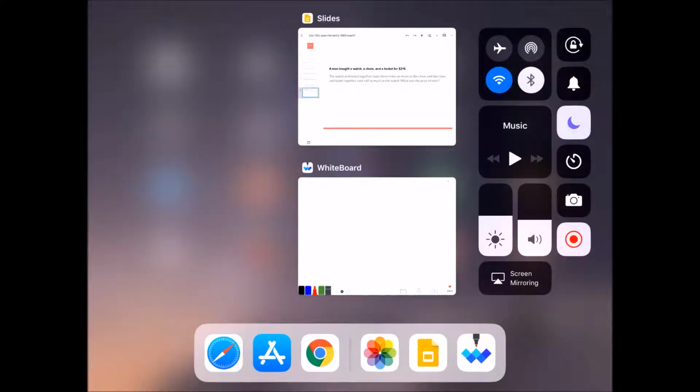Okay, so really what you want to do is a matrix, or another way to say it is a 3 by 3 system of equations to solve this. But a matrix is probably the easiest way to solve for this, I would assume. Okay, so you know that watch plus locket plus chain equals $216.